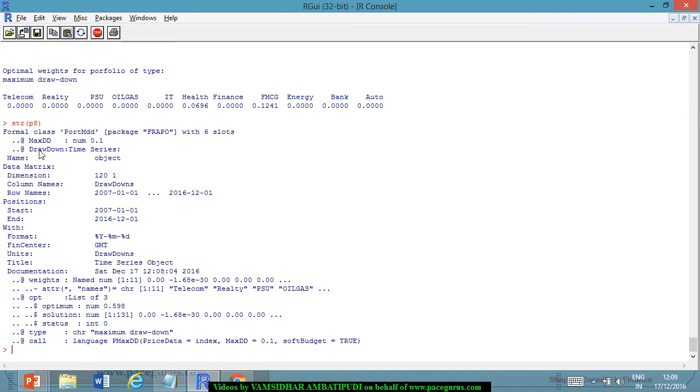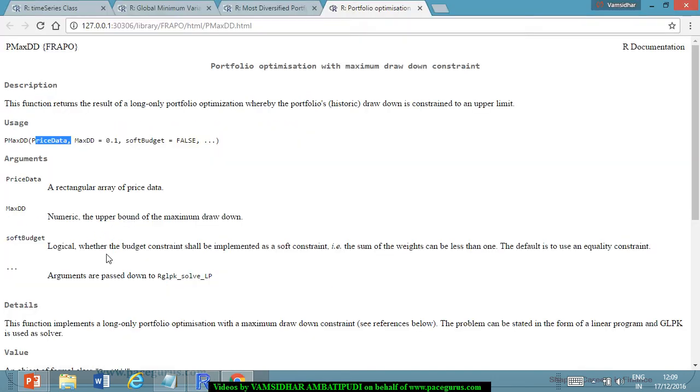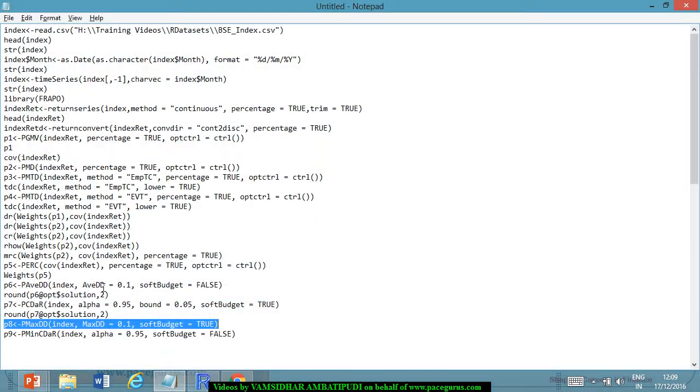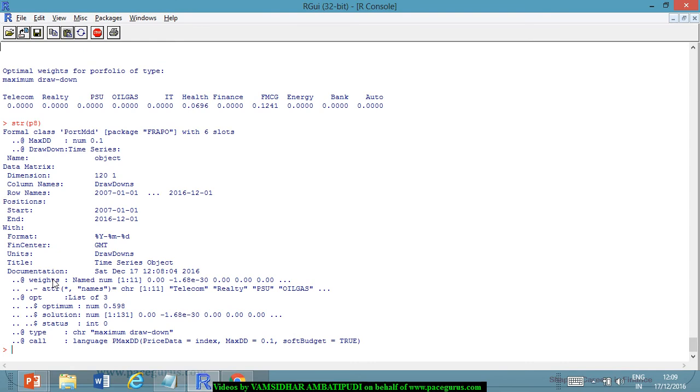So I can very well get a drawdown time series, it's coming out to be a time series. So we are seeing the column name is drawdown. And I could see here these are the format and all the document, these are the weights.